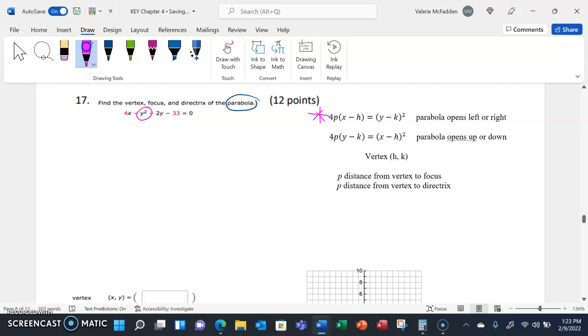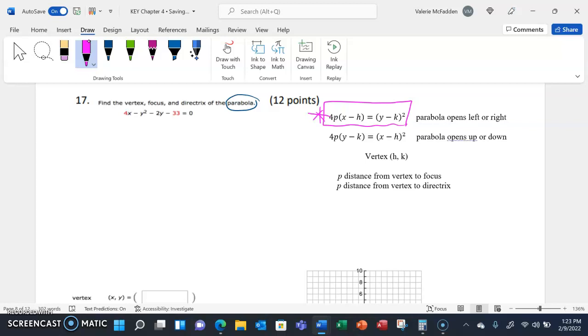There we go. All right, so in this problem, it says find the vertex, the focus, and the directrix of the parabola. First, let's put it into standard form. So we want to rearrange it so that it's in this form right here.